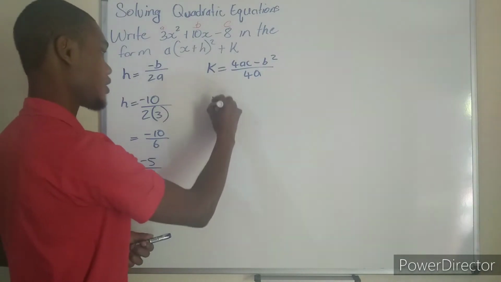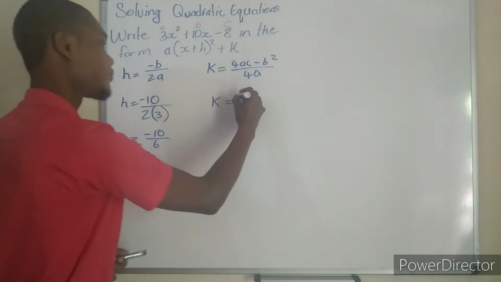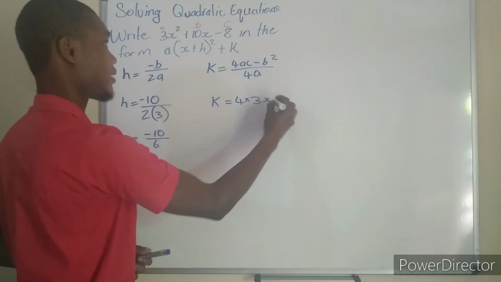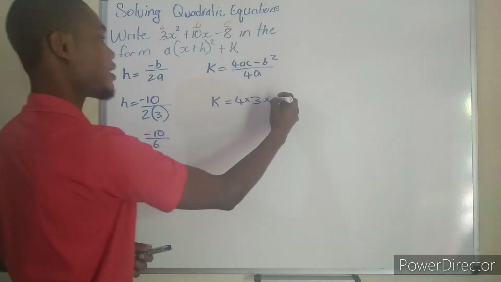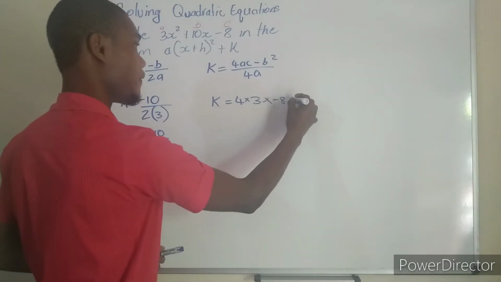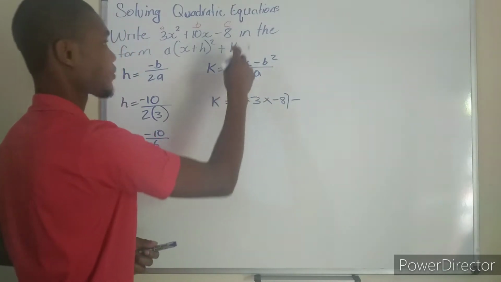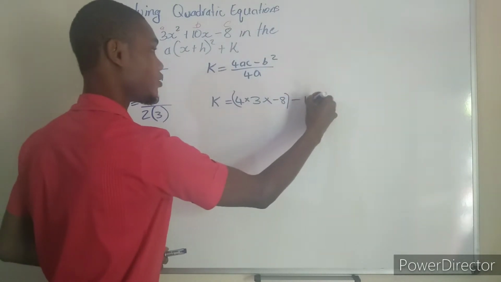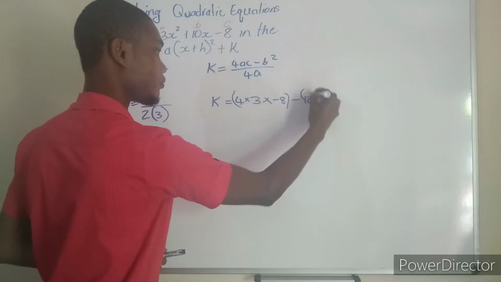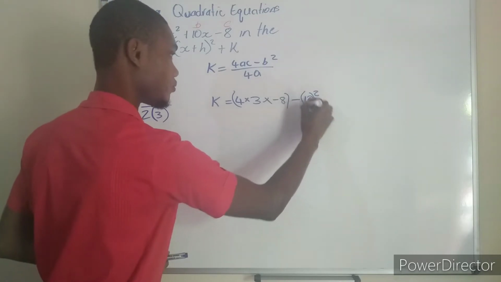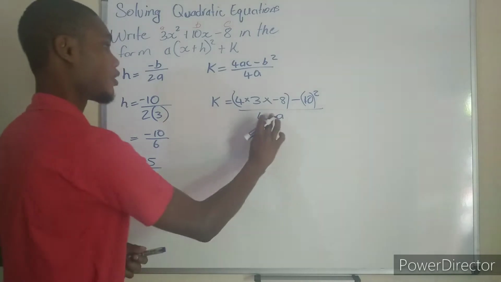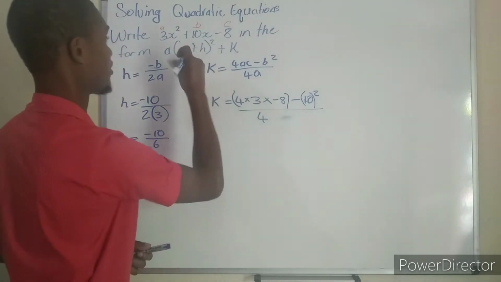Now k in this case is equal to 4 times a, which is 3, so you write your 3, times c, which is negative 8, minus b squared, which is 10 squared. All of that must be divided by 4a, and a in our case is 3.